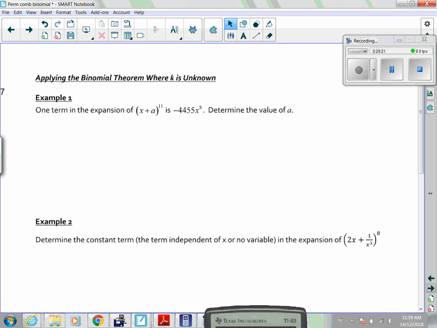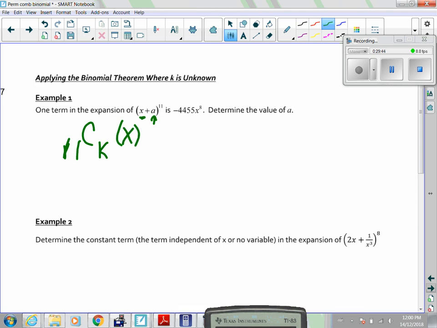We have some other examples where we don't know the k. Although in this case, it's easier to spot because there's only x's here, none here. So what I'm going to do is figure this out to find my value of a. I'm going to have 11, which is my n, choose k, I don't know what my k is.